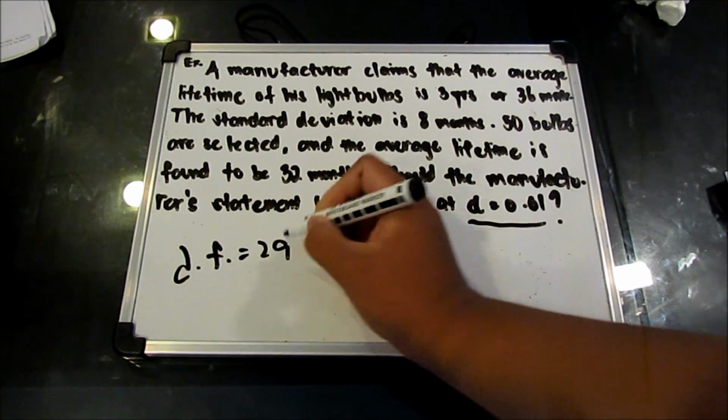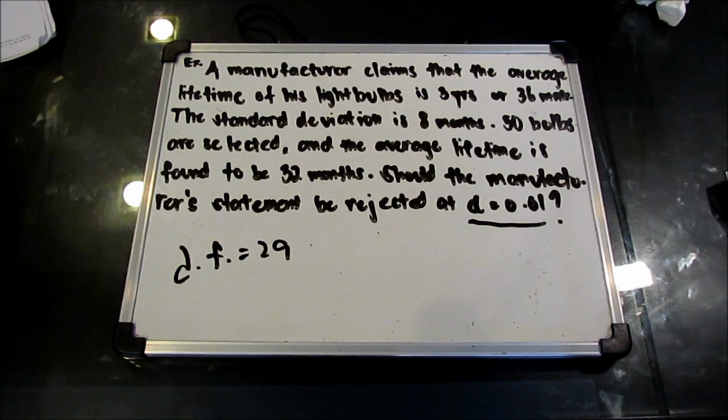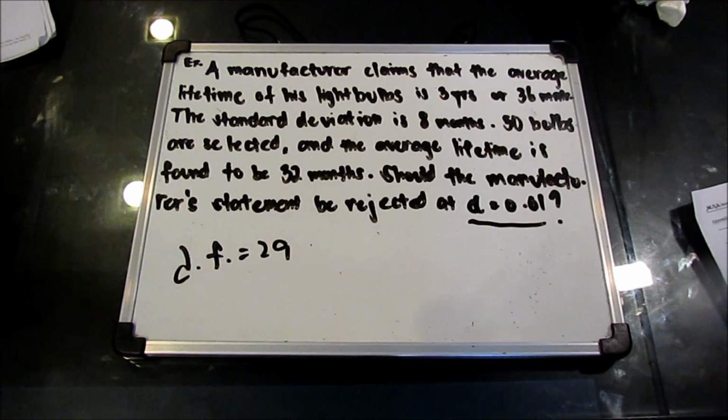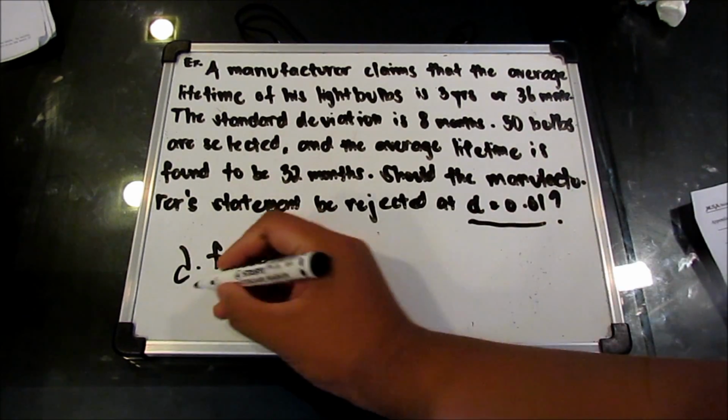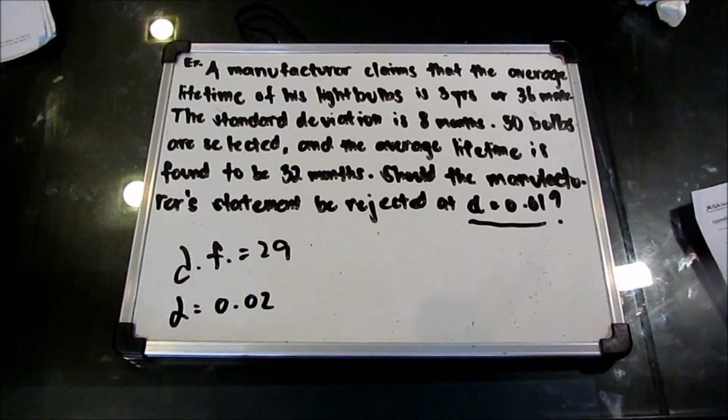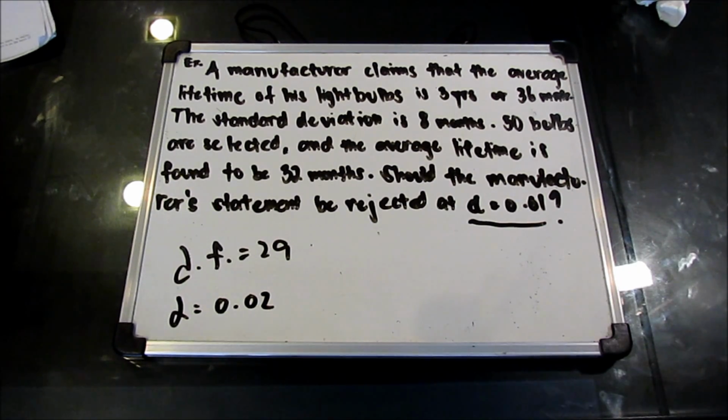Next, we determine the critical value. In order to determine the critical value, we base it on our degree of freedom and level of significance, which is 0.02. In this part, we need our t-table. Since our example is two-tailed, we look at the two-tailed section in our t-table.